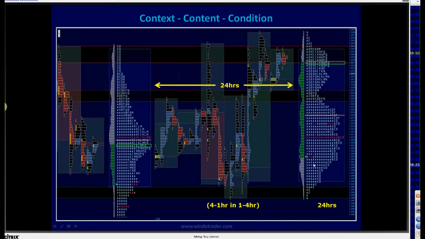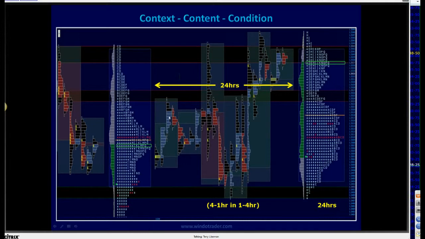And what this profile is showing, this is a 24-hour profile, is the lowercase a's represent the Asian market hours. The lowercase e's represent Europe, and then the larger uppercase alpha characters are the US market.